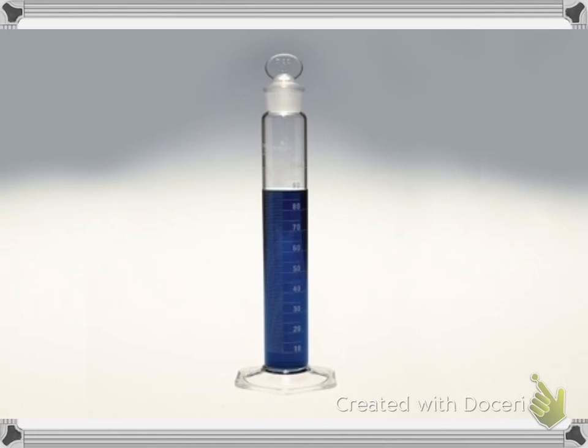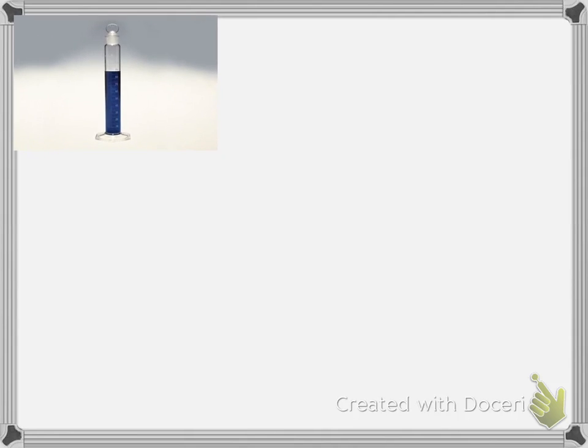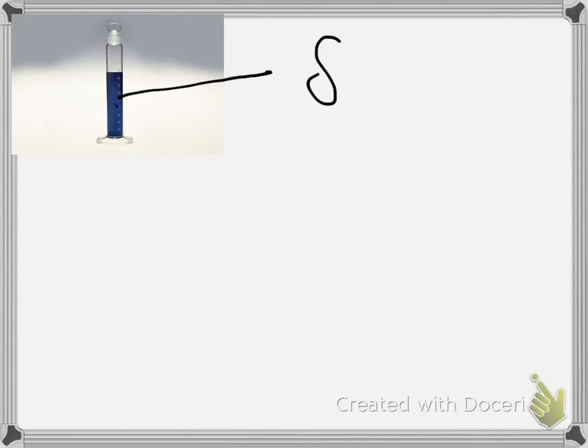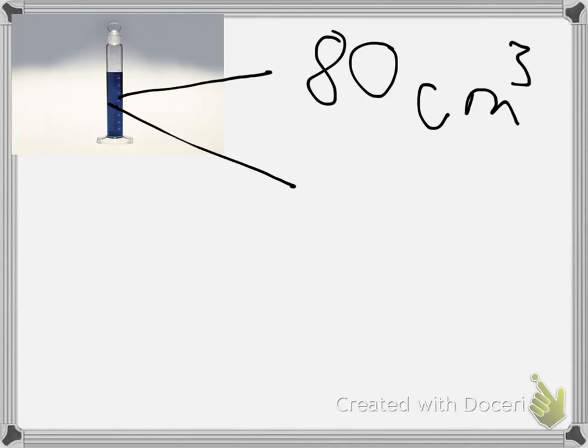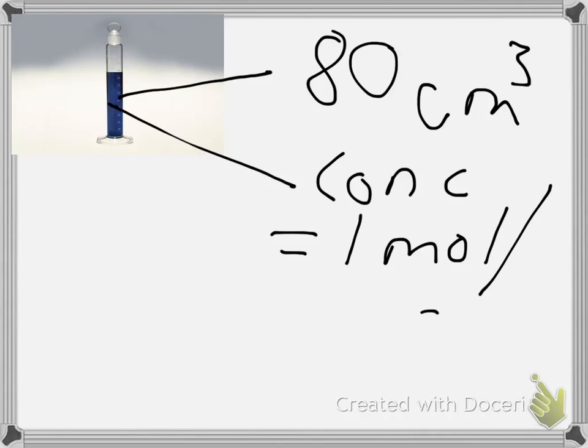So if, for example, we have this blue solution, and I have 80 centimetres cubed of solution, and that solution has a concentration of 1 mole per decimetre cubed, what that means is in 1 litre I would have 1 mole.